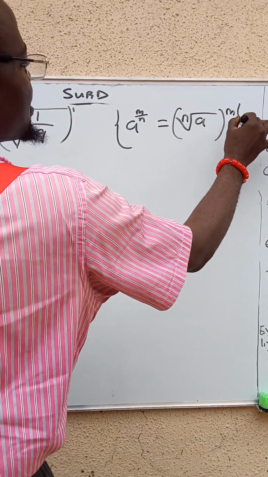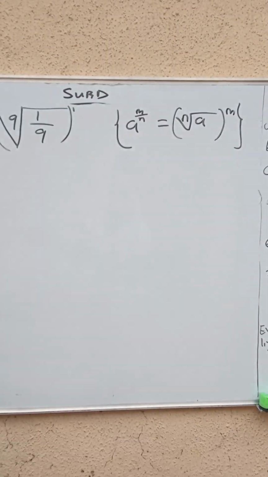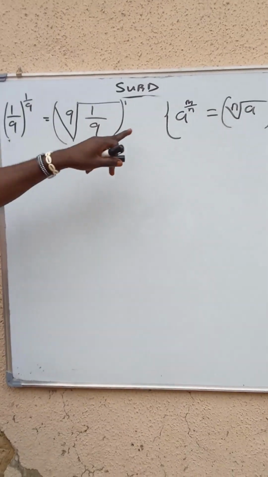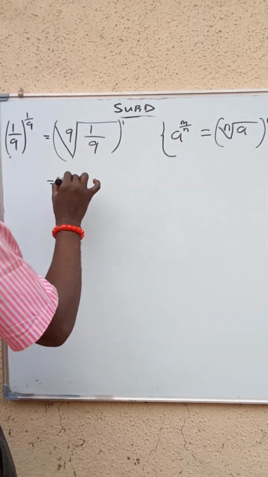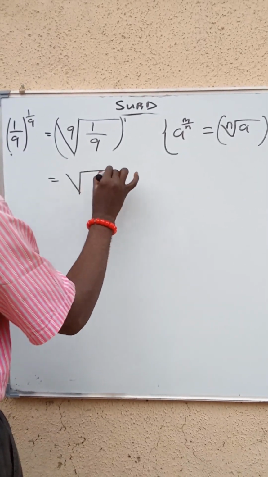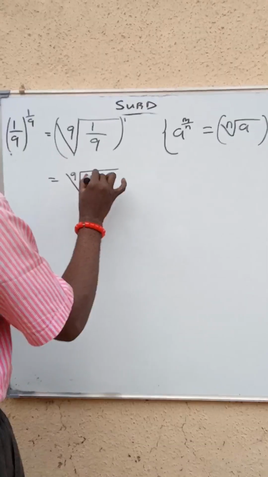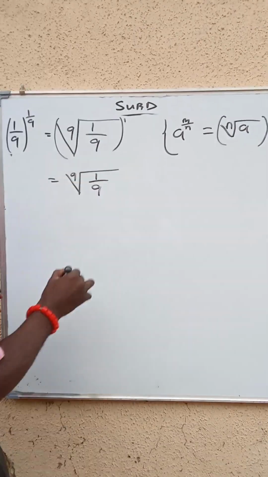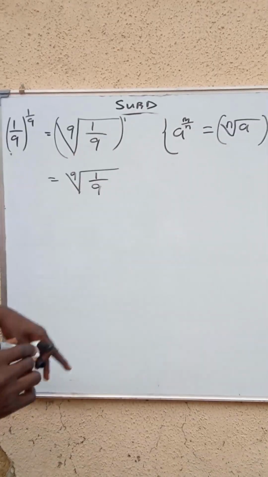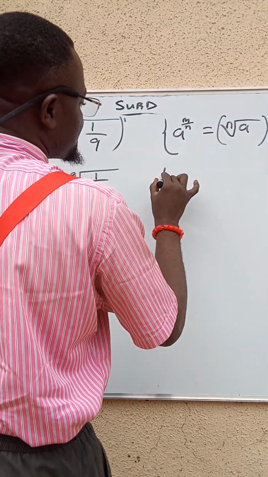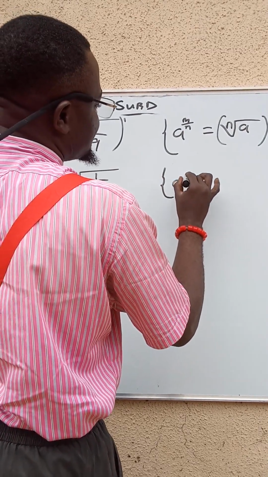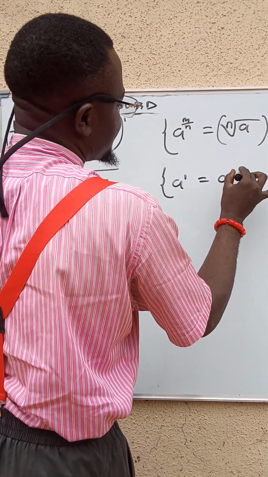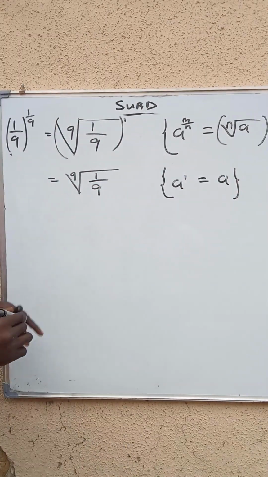M. That is what I did here. I know anything raised to the power of 1 is the same thing. So I now have what? The 9th root of 1 over 9. Because anything raised to the power of 1 gives what? 1. If I have a raised to the power of 1, the same thing as what? A. Right, that's what I did here.